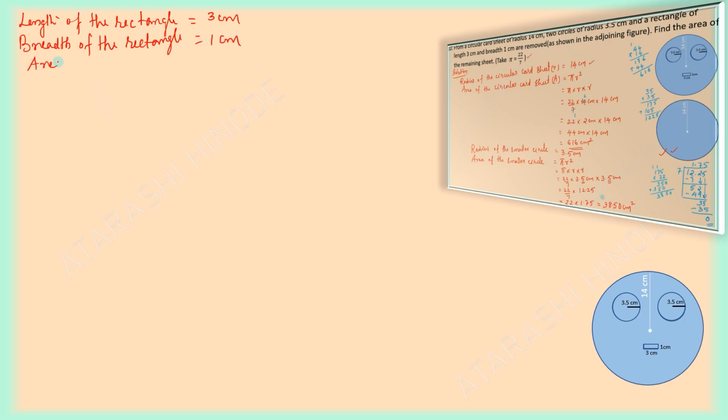Now, area of the rectangle equal to, what is the formula for area? That is length into breadth. That is equal to length is 3 centimeter multiplied by breadth is 1 centimeter. That is equal to 3 centimeter square.